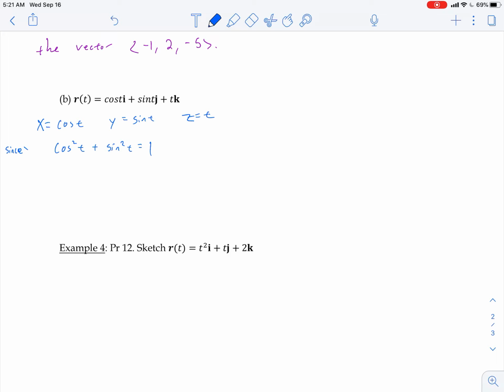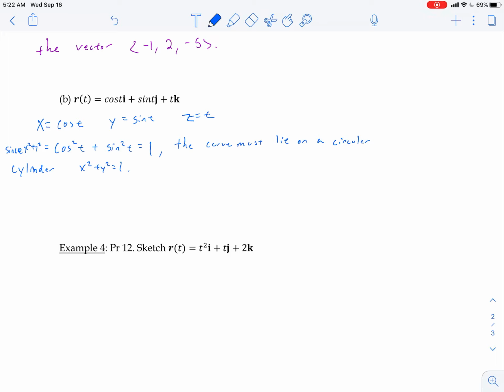So since x squared plus y squared equals cosine squared t plus sine squared t equals 1, we know that the curve must lie on a circular cylinder x squared plus y squared equals 1.